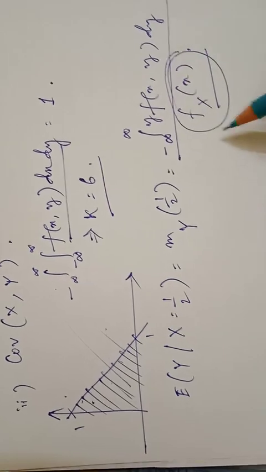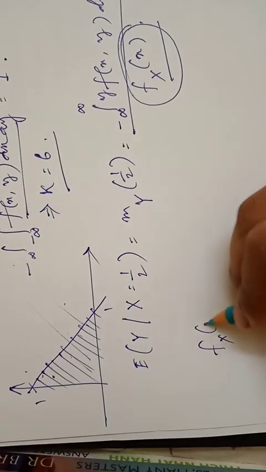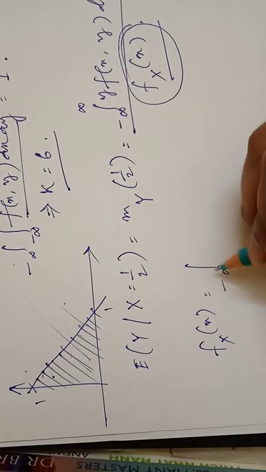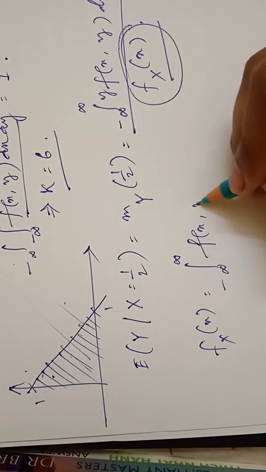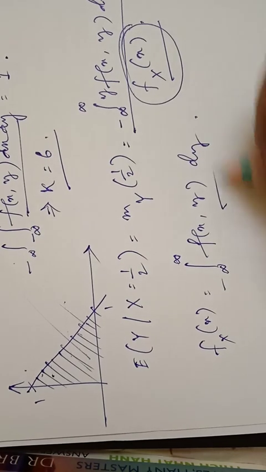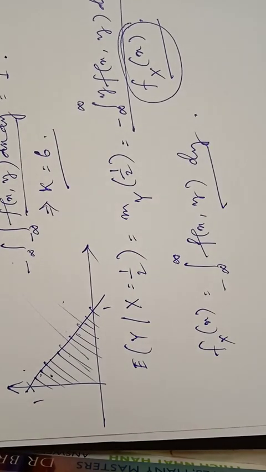Put the value of f x, we just did it for the last one, minus infinity to infinity f of x comma y dy, right? Calculate all of this, you will get the result. Similarly calculate covariance. All the examples are calculation based, okay, not that tough.